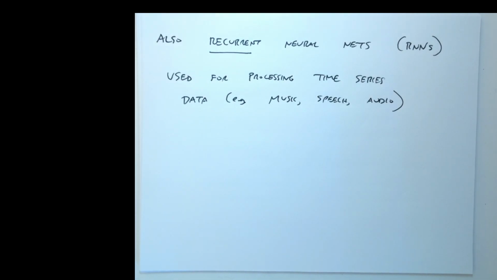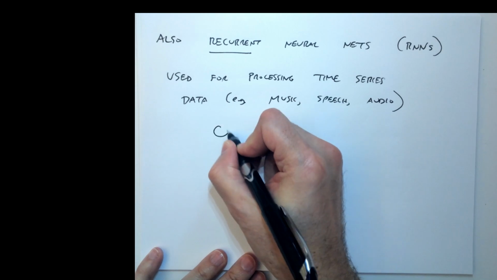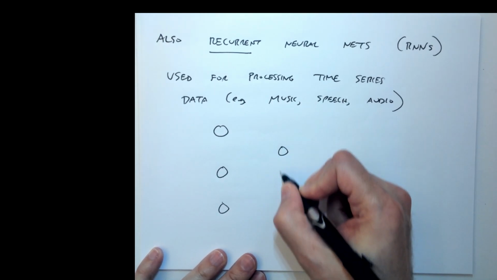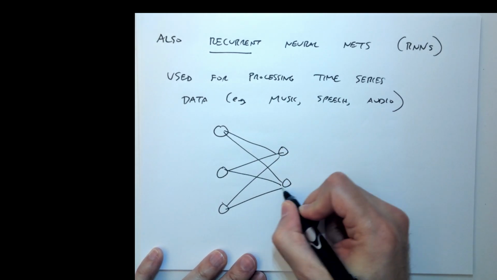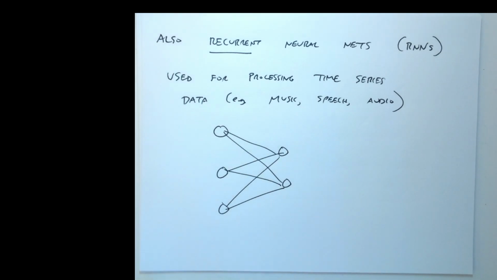The idea here is that suppose I have a fully connected layer. Imagine that I'm presenting the network with a sample at every point in time.